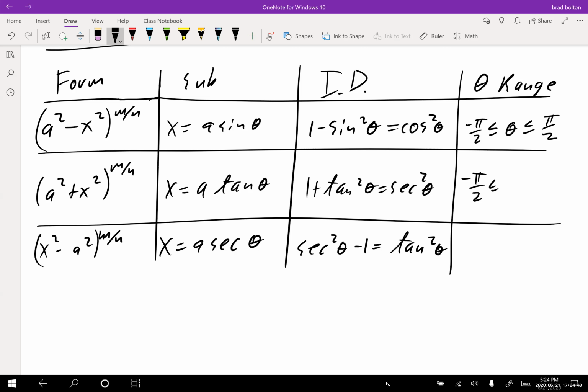This one, same thing. So tangent and sine have similar ranges. And then this one is 0 less than theta less than or equal to pi. Okay, and these don't come up all the time. That's just how I know where I'm drawing my triangle. And that's why there's not multiple answers. Normally it's just this way.